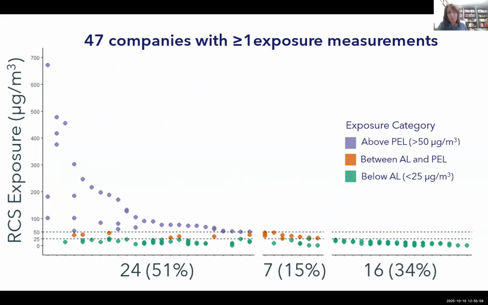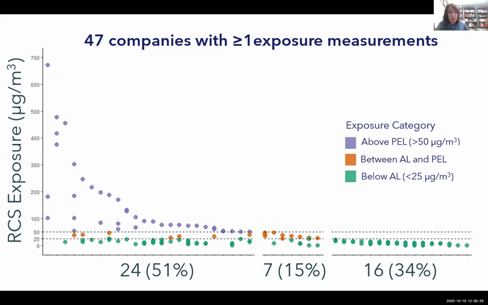Of the 47 companies with at least one exposure measurement, those companies are represented across the x-axis by these little ticks. The y-axis has the silica exposure. Those above the permissible exposure limit are in purple, those between the action level and the PEL are in orange, and those below the action level are in green. You'll see that some shops had multiple measurements.